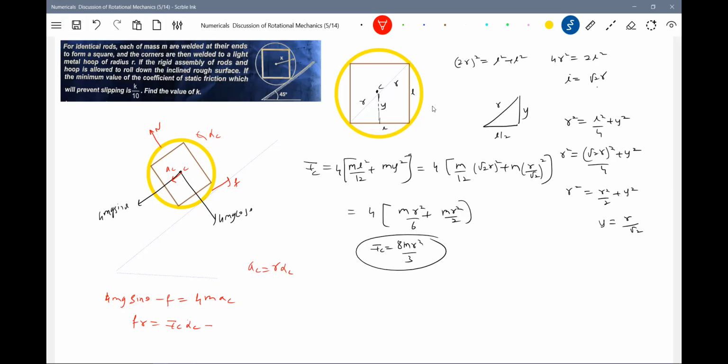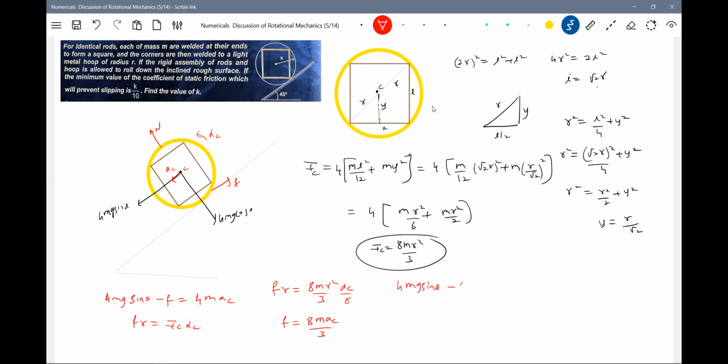Substituting, F into R equals the moment of inertia, 8 MR square by 3, times alpha C, which I'll write as AC by R. So F is equal to 8 MAC by 3. I'll substitute this AC value in the other equation.